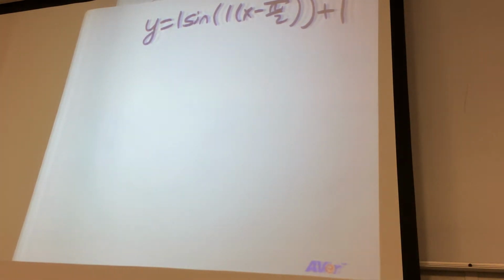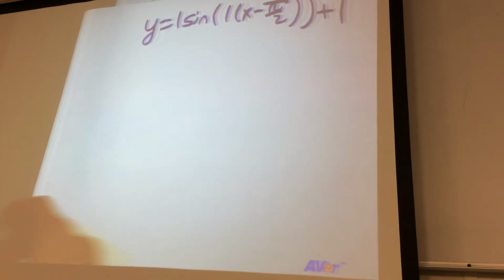Let me take questions on that. And now I'm going to do the other three: negative sine and the two cosine ones. Those folks who are good, keep on going. Do not stop.